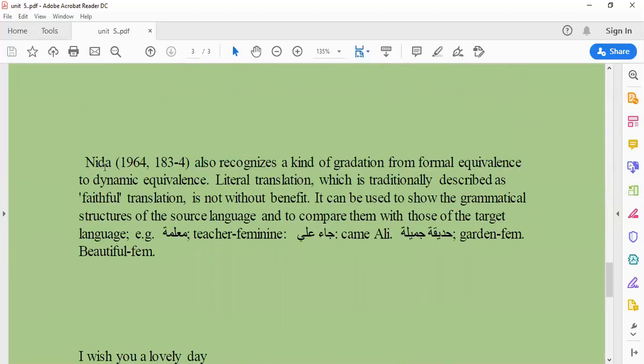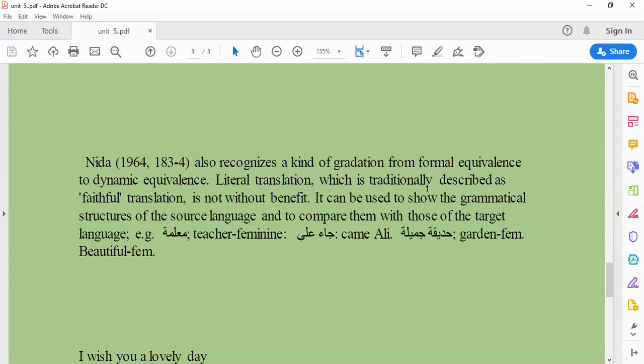According to this source, Nida, 1964, pages 183 to 184, also recognizes a kind of gradation from formal equivalence to dynamic equivalence.